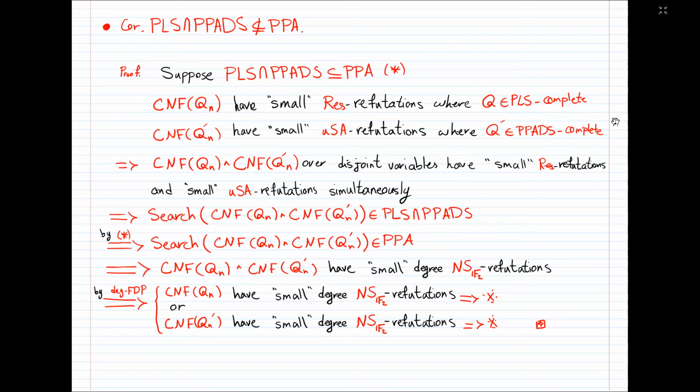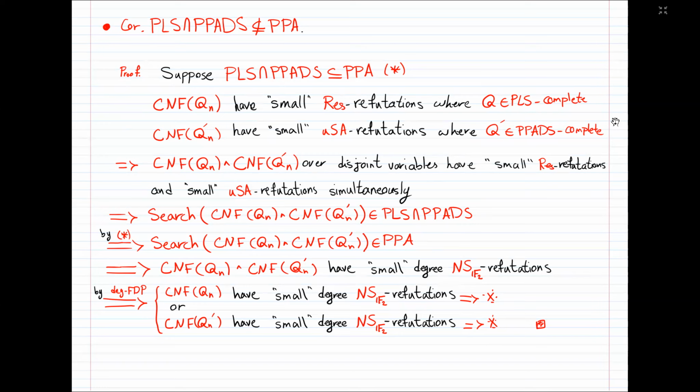Then, by the correspondence between proof systems and TFNP classes, we get that the search problem of CNF Q_n and CNF Q prime_n is in PLS intersection PPADS. And by the assumption, this TFNP problem is actually in PPA, which means that, again by the correspondence between PPA and Nullstellensatz over F2, the conjunction of CNF Q_n and CNF Q prime_n has a small degree Nullstellensatz refutation over F2.